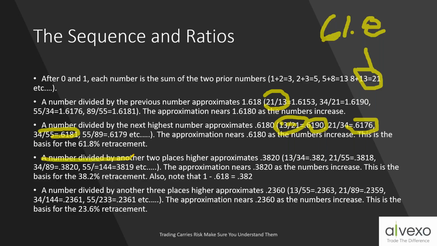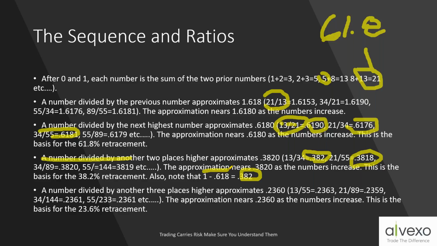If we were to take a number and divide it by a number 2 places over, so instead of using 13 and 21, we were to use, say, 13 and 34, which skips 21 and goes 2 places over, that division will give us 38.2. 21 and 55 will give us 38.1, and so on and so forth. And that gives us the 38.2.